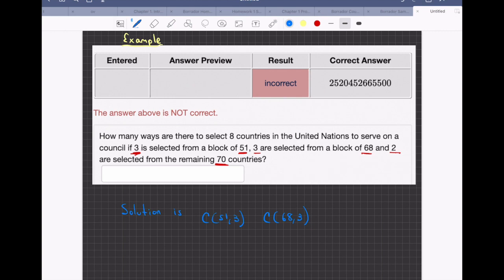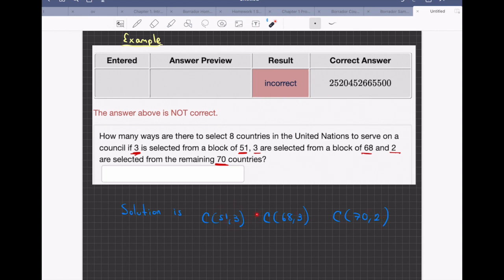And finally, 2 out of 70, combination 70 choose 2. Now, notice, the question is how many ways are there to select 8 countries? Here we have 3 countries, here 3, and here 2. Together, I'm forming a group of 8 countries.